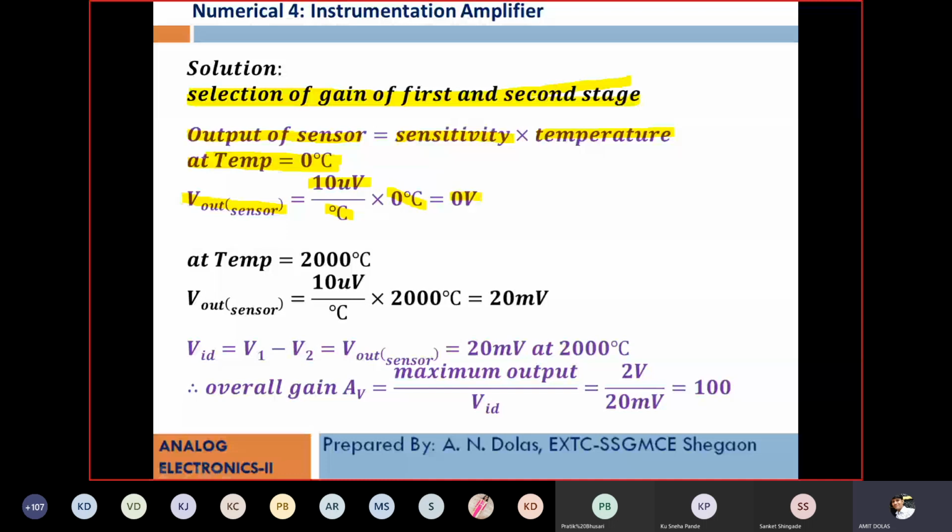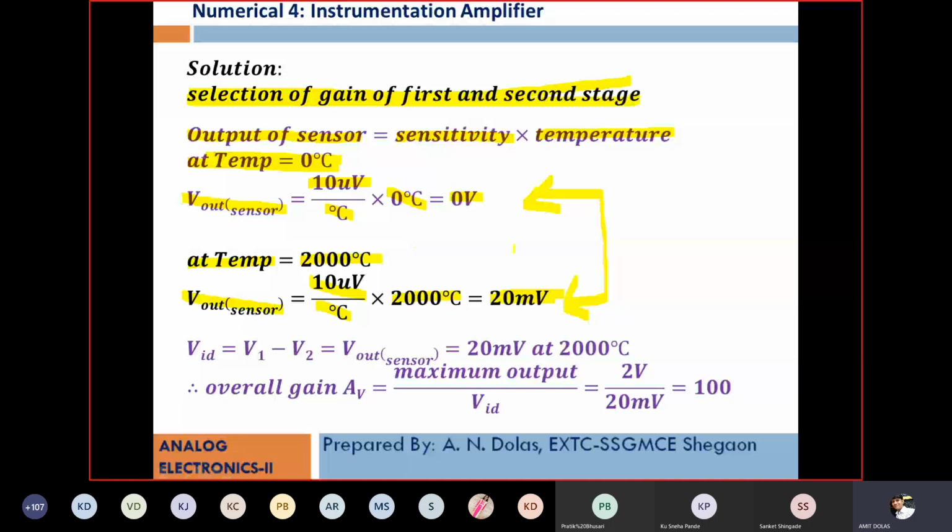At temperature 2000 degree centigrade, the output will be sensitivity 10 microvolt multiplied by 2000 degree centigrade, which is equal to 20 millivolt. So you can see here the output of the sensor varies from 0 volt up to 20 millivolt.